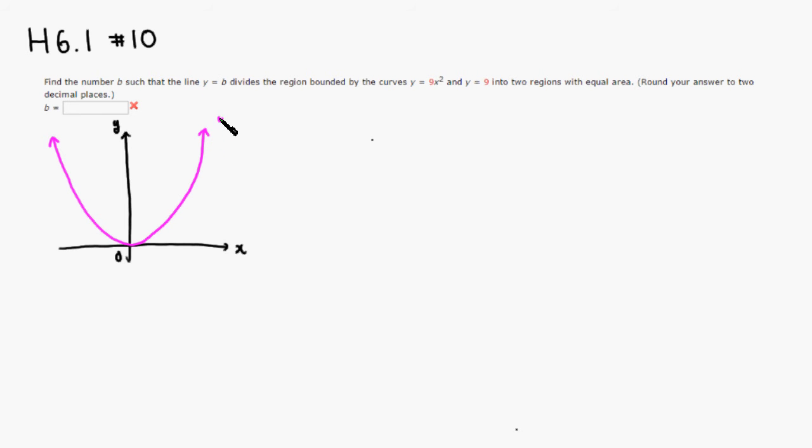So this is y equals 9x squared. Then you have a line y equals 9. So we're talking about the region right here.